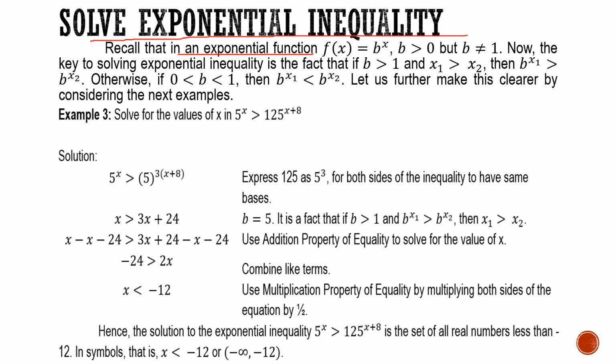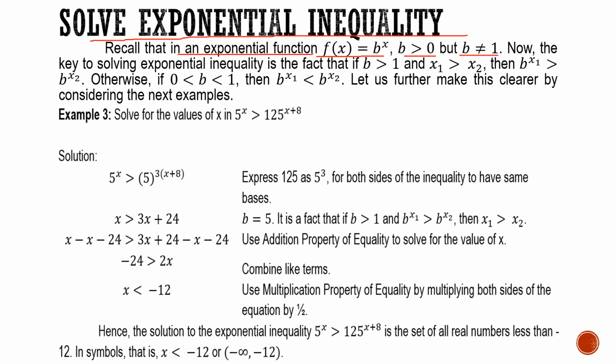In this inequality, the sign represents inequality between your left side and right side. So that's the only difference from your exponential equations. So it's the same thing. Once we apply the concept of your exponential function, that f of x is equal to b raised to x, wherein b is greater than 0 and b is not equal to 1.